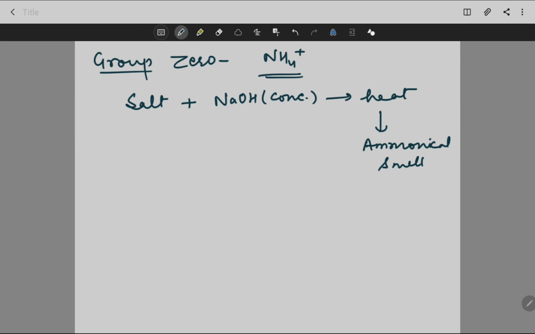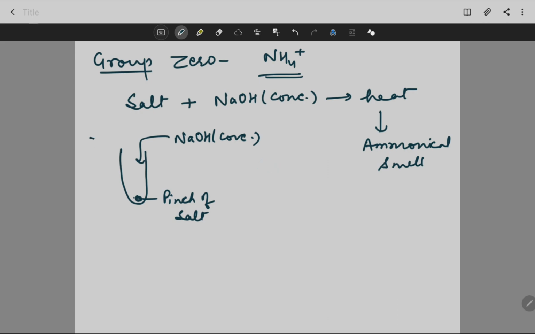Ammonium may be present. Now we took a pinch of salt, added concentrated sodium hydroxide to it, and we get an ammonical smell.